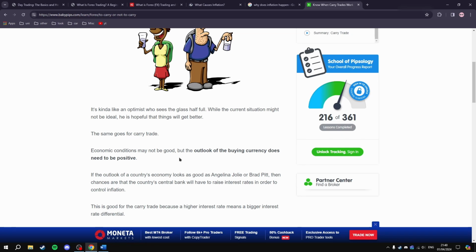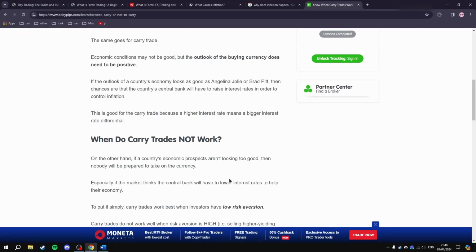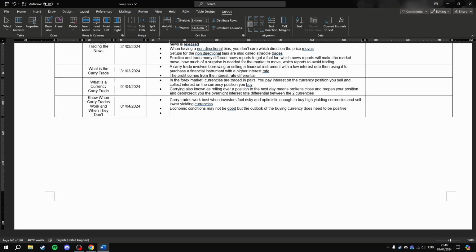Economic conditions may not be good, but the outlook of the buying currency does need to be positive.